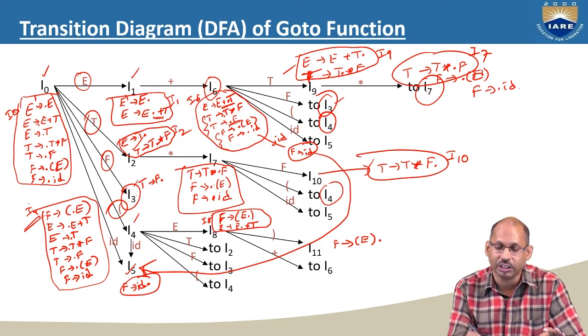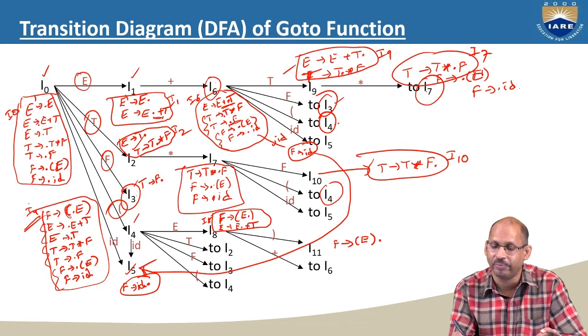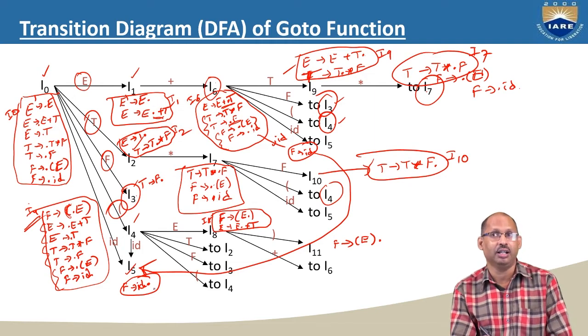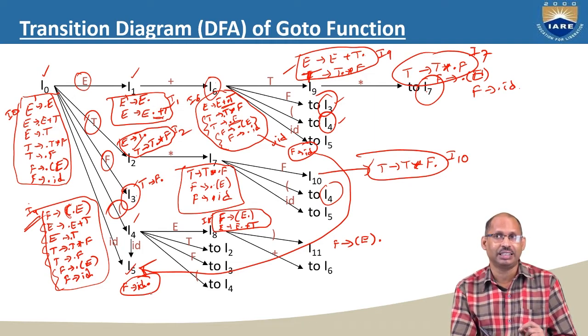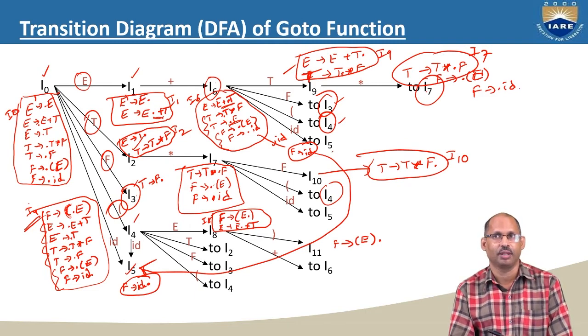If we consider this one, F → (.E), then add E productions, then add T productions, and it gives the same I4. On ID, F → .ID gives F → ID., the same closure set I5, so we are writing the same numbers.